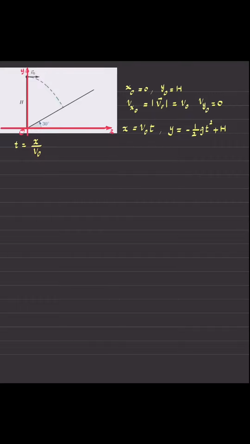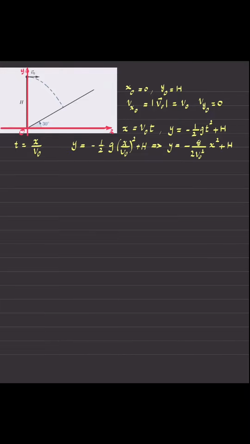So y becomes equal to minus 1 over 2 g times (x over v0) squared plus capital H, which I simplify. The simple algebra gives me minus g over 2 v0 squared x squared plus capital H.